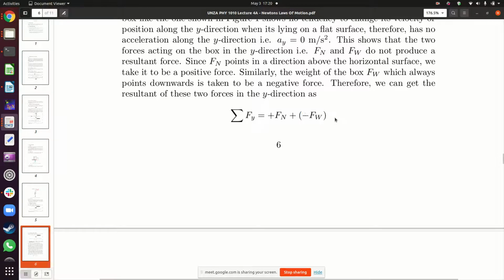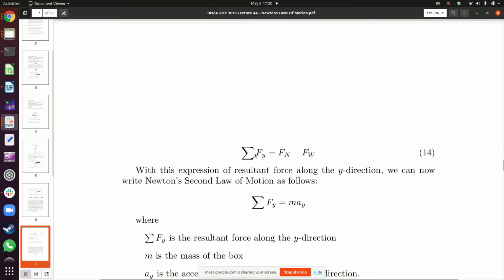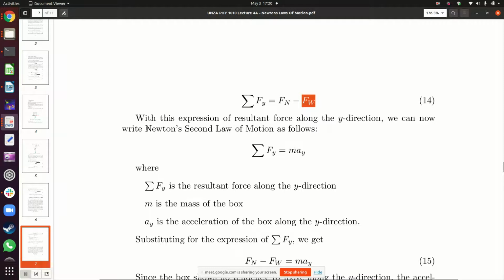When you carry out this addition, we end up with the resultant force along the y direction being equal to the normal force minus the weight of the box. With this resultant force, we can use Newton's second law of motion, like this.